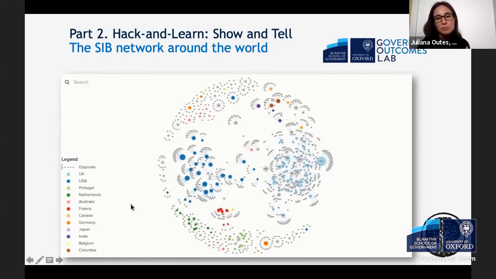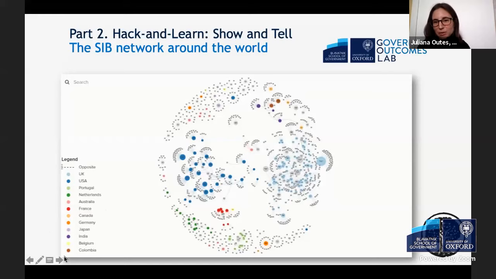Something else to bear in mind is that this graph was designed to have a color only for countries that have more than 3 projects. If a country had less than 3 projects, they stay in color gray. And this graph only takes into account one type of relationship. Each organization is related to the project it's working in, and the size of the circles depends on the number of projects the organizations are working in.